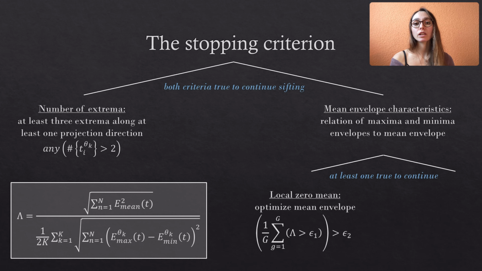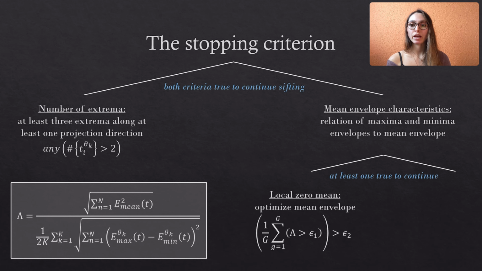Thus, the residual is actually very far from being a solid IMF at these locations. We then average the values at these locations, and if this mean value is greater than a second threshold epsilon 2, we proceed the sifting, meaning that we do further iterations until, on average, these remaining G locations possess IMF-like characteristics.